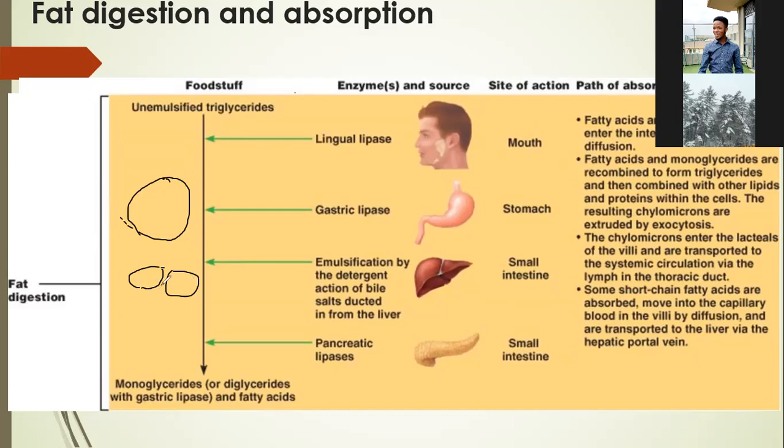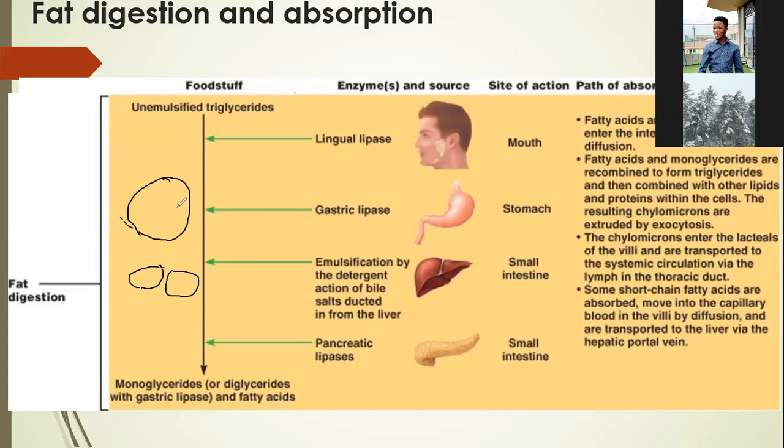The problem is if you leave these two droplets to come together, they will reform that big chunk. If they are fat droplets, you have fat chunks, and when they come together, they will stick to each other.